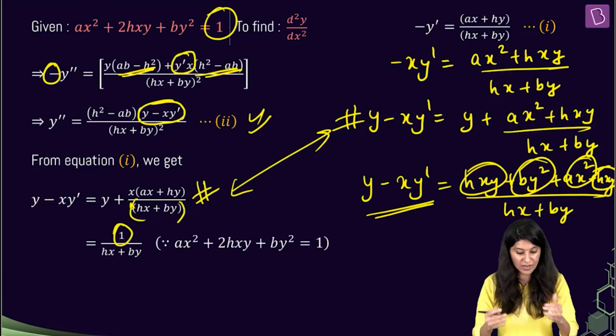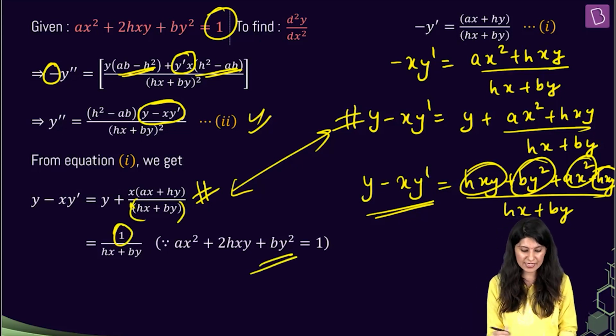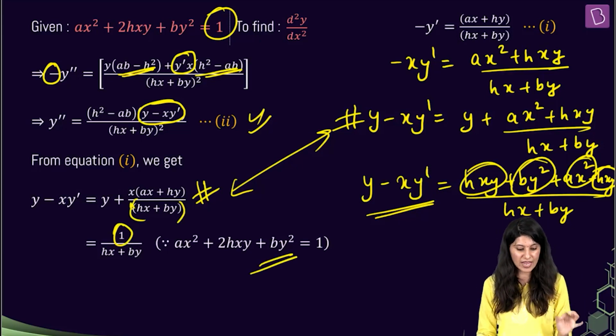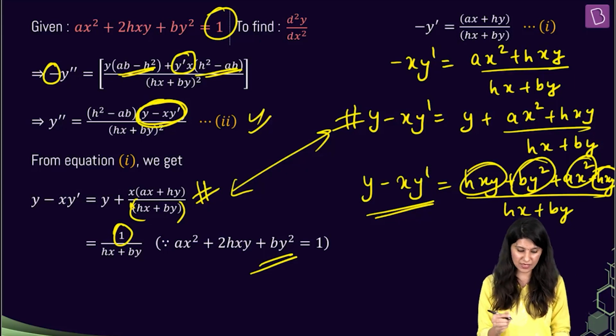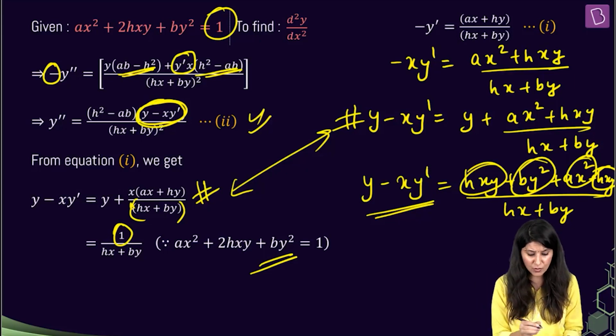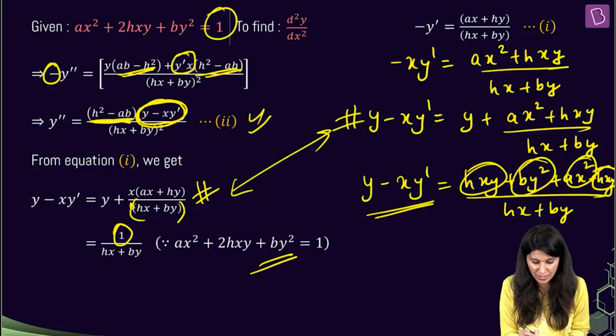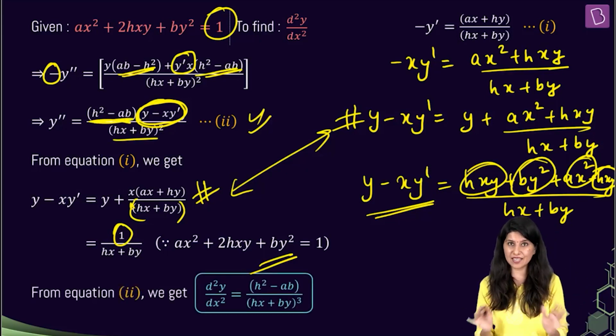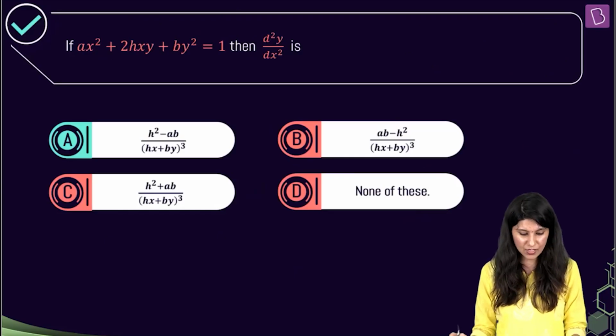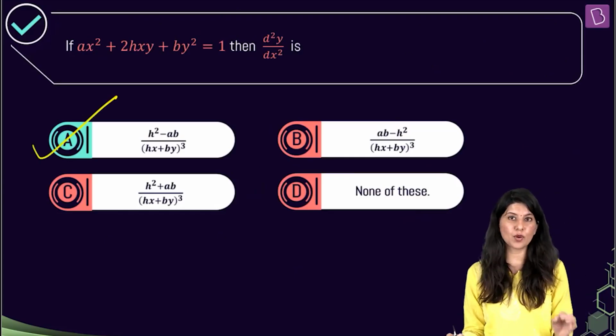So here you have 1 upon hx plus by. So now you have y minus xy dash. You can put the value of y minus xy dash over here, which is nothing but 1 by hx plus by. So now your y double dash will look like h square minus ab whole upon hx plus by whole cube. That's it. y double dash is equal to option A, matching with option A.